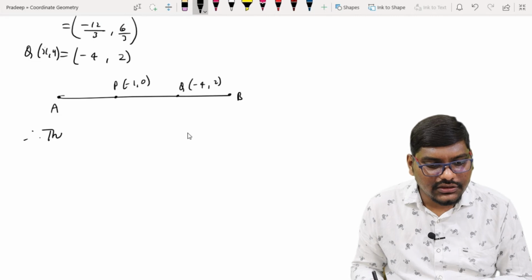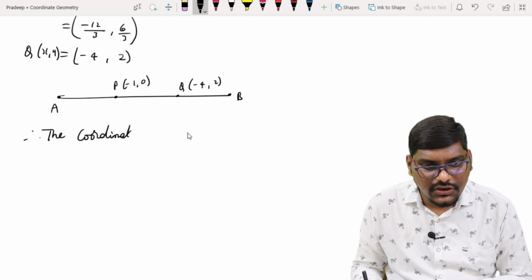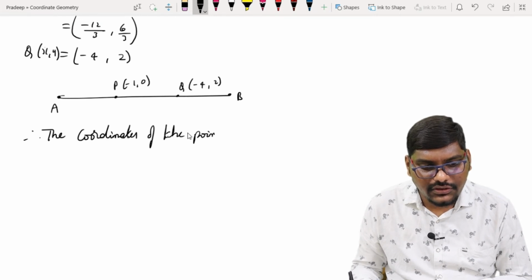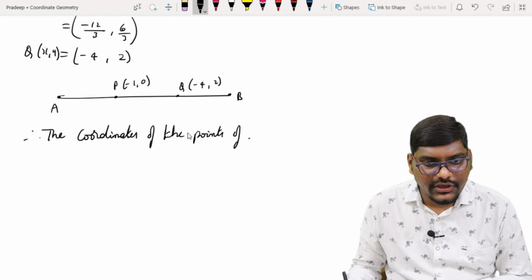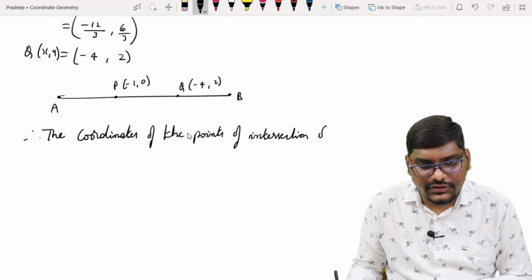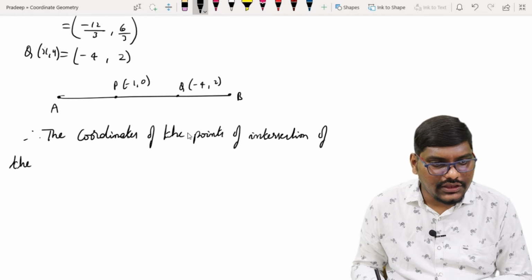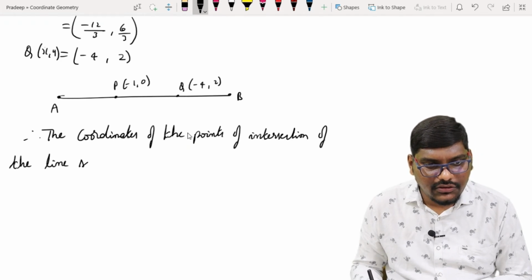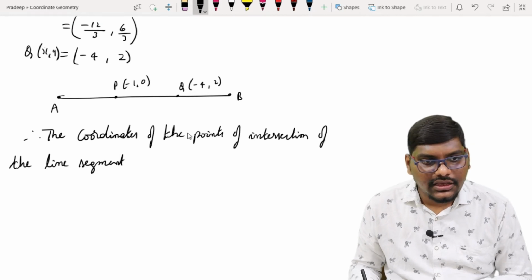Therefore the coordinates of the points of intersection of the line segment. What is the line segment? That is AB.